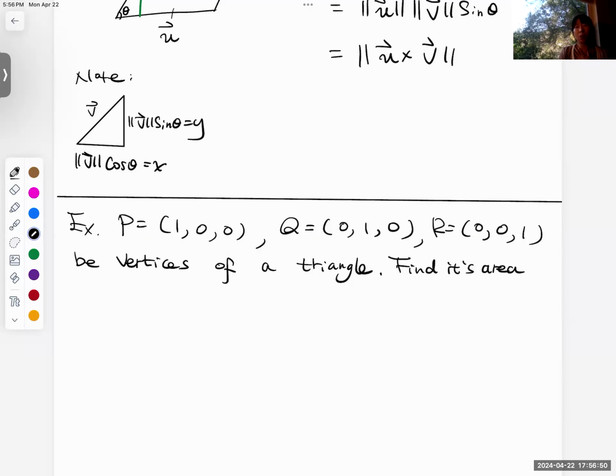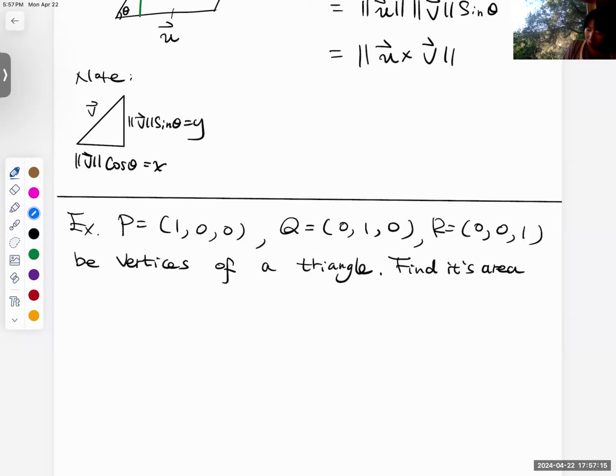Okay, so this is a triangle. We had the parallelogram earlier, right? So we divide by 2, then that's the area of a triangle, right? So normally the formula of a triangle comes from the area of a parallelogram, right?